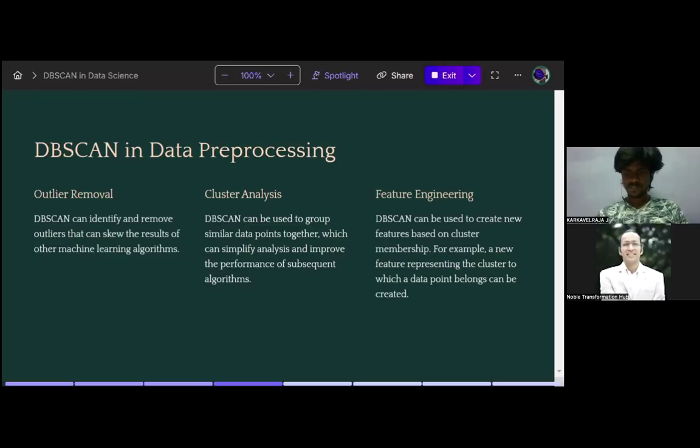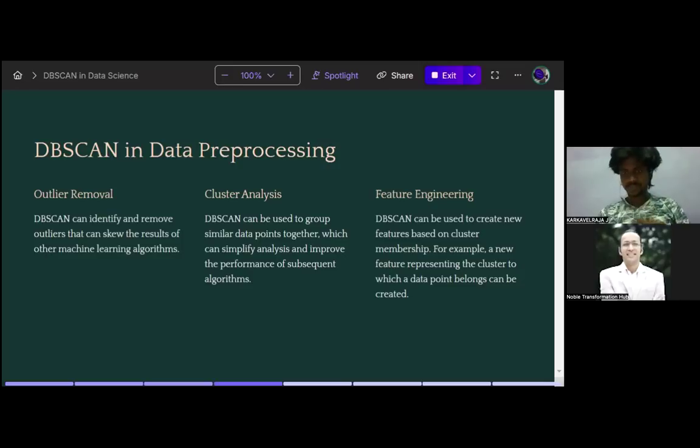Cluster analysis. DBSCAN can be used to group similar data points together, which can simplify analysis and improve the performance of subsequent algorithms. These are very important aspects of clustering, guys.